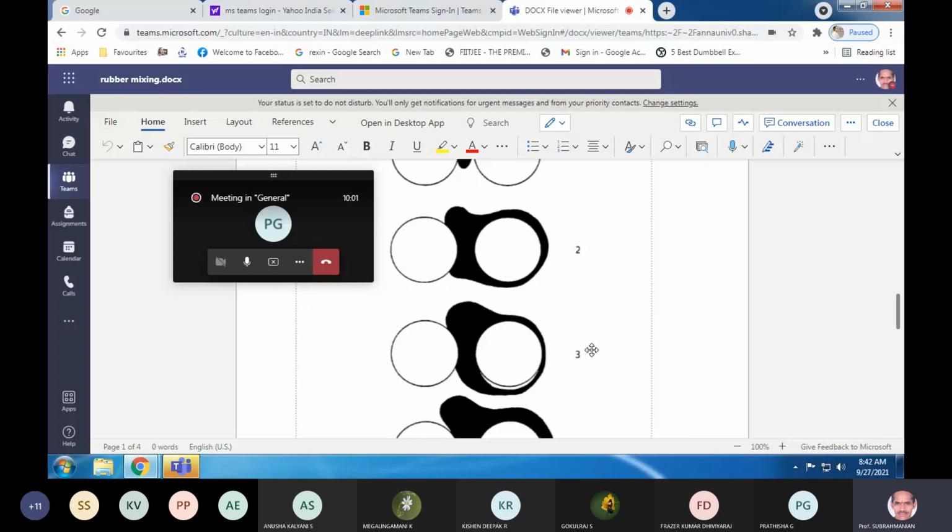So this is understandable. What is the role of a process aid or a process oil? They interact with the rubber chain and soften the rubber.